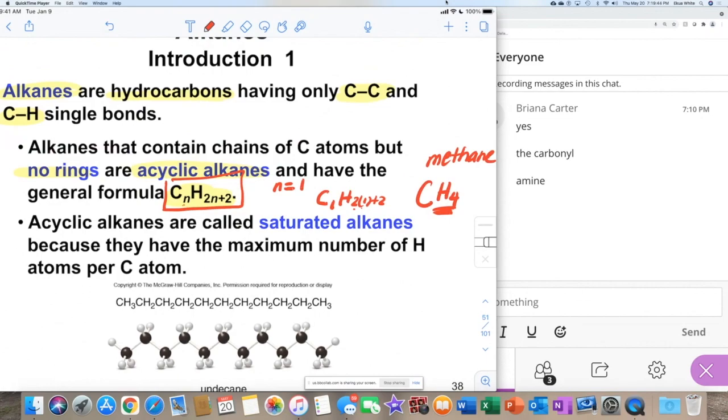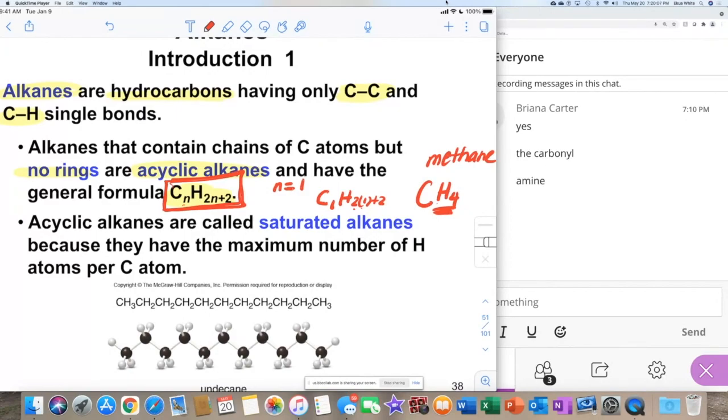Okay? So when we're drawing alkanes or we're writing the formula out, we have to remember the number of hydrogens and carbon must fit this formula. All alkanes fit this formula right here. Okay, and this is true for all acyclic alkanes, the ones that are not cyclic, the ones where the first element doesn't attach to the last element.